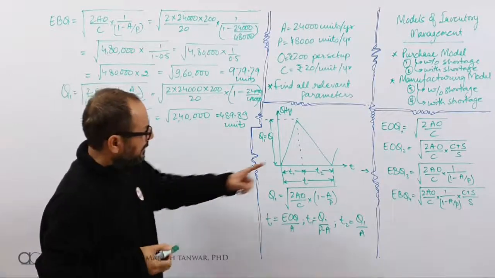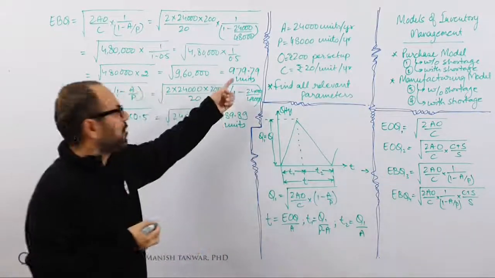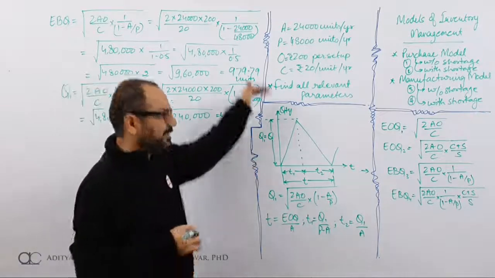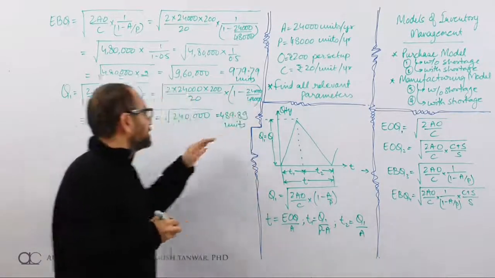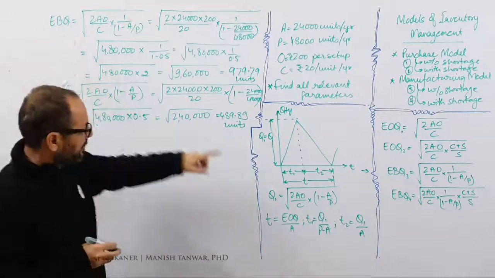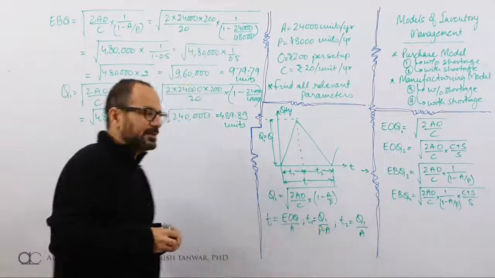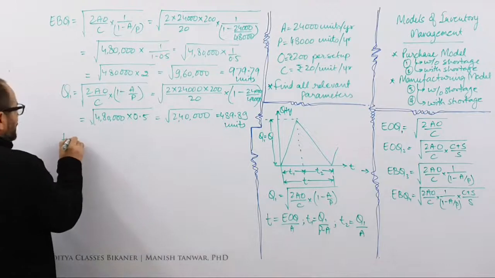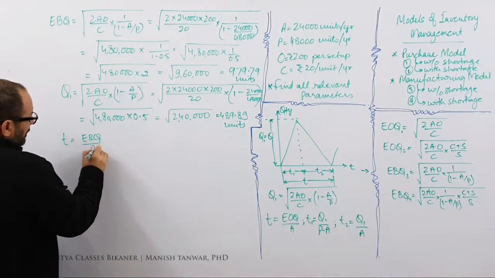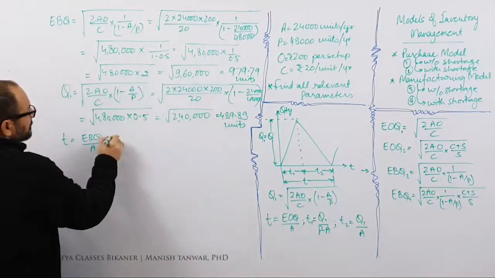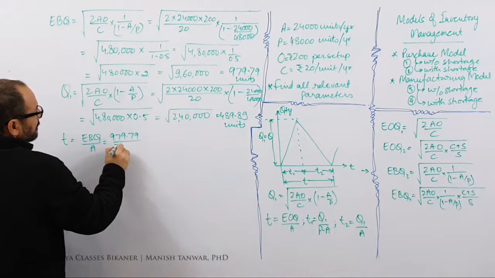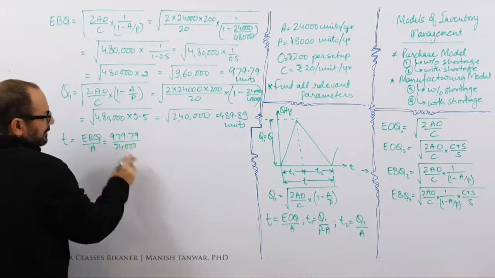So, EBQ is almost 980 units, but my Q1, that is the swing in inventory, that is the maximum inventory, is almost 490. So, we have EBQ, we have Q1, remaining is T, T1 and T2. What is the formula for T? Formula for T would be EBQ upon A. EBQ is 979.79 upon A, which was 24,000.